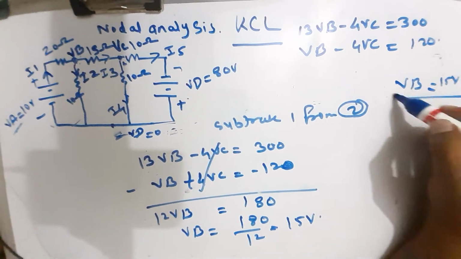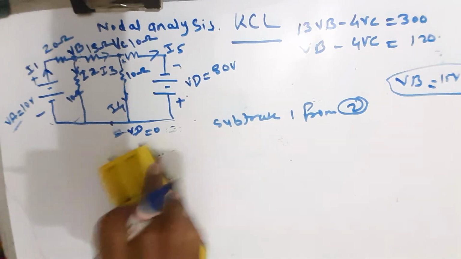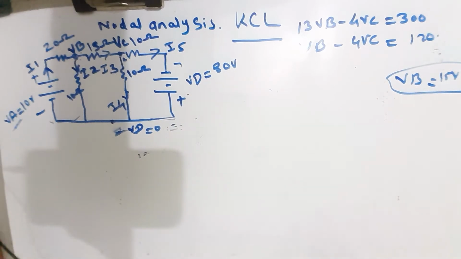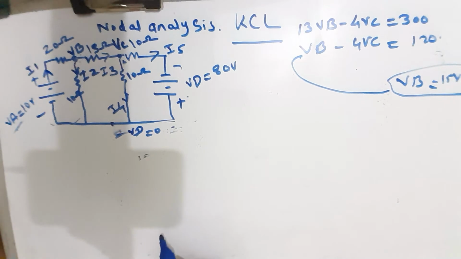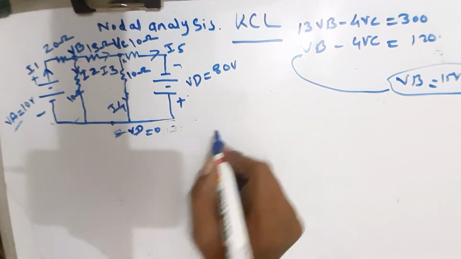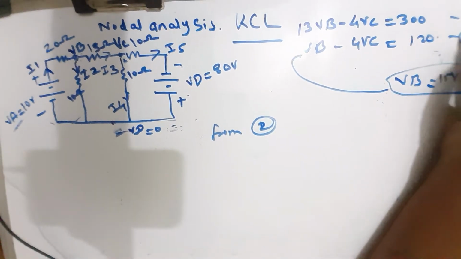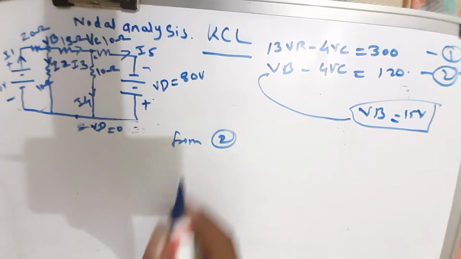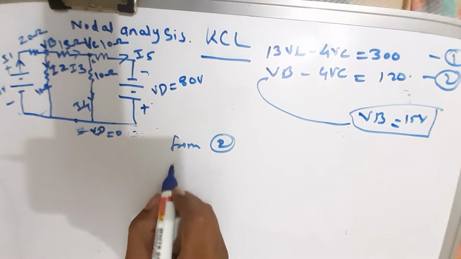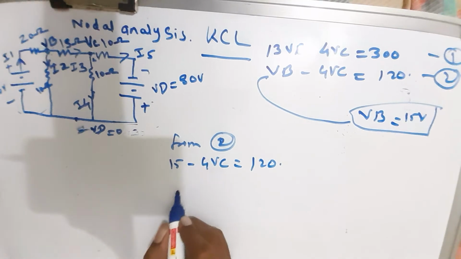On one side you will write down VB equal to 15 volts. Now what we will do, we will put this in equation number second. Put the value of VB, that is 15 volts, in the second equation. So from the second: 15 minus 4 VC equal to 120.